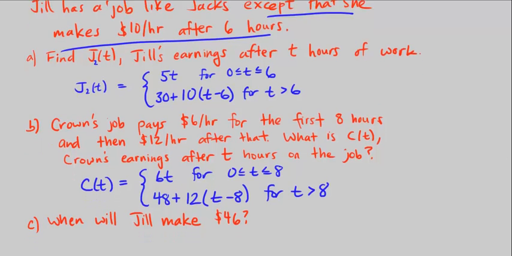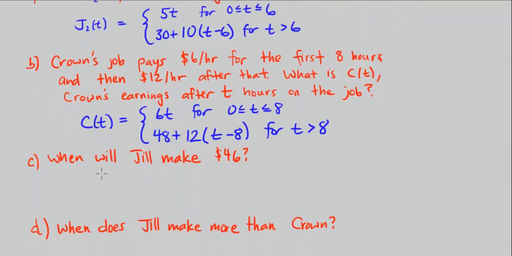Finally, well, we have part C and D. So part C is, when will Jill make $46? So again, this is Jill, right? So we're asked, when will J2 of t equal 46, right? Well, we don't know which piece to look at.